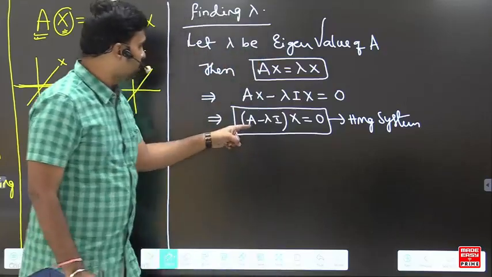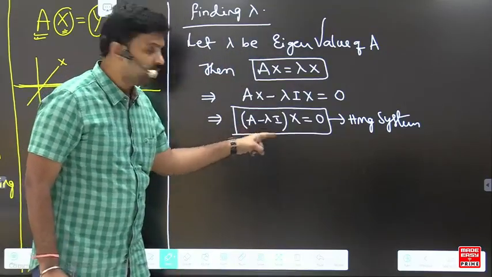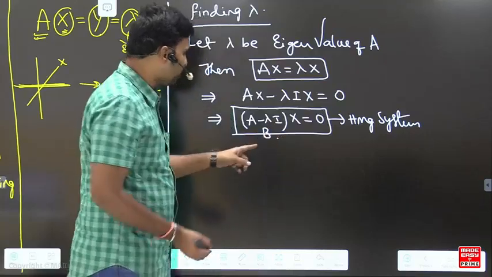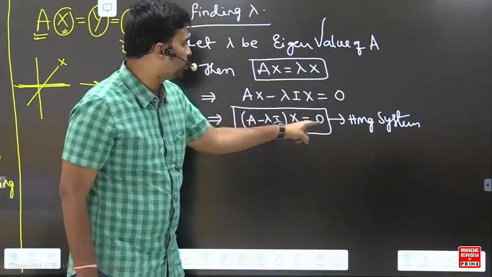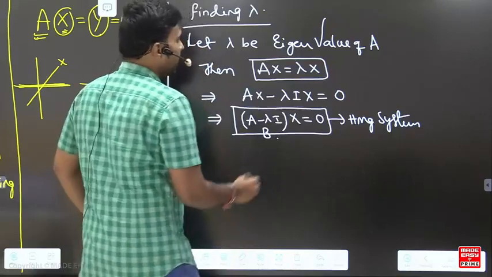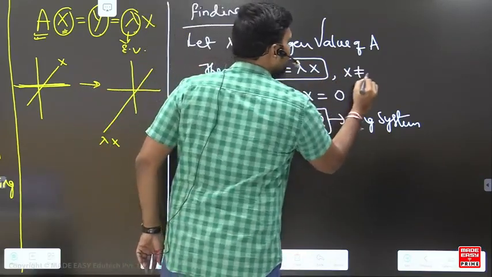Please understand this. This is for a given lambda. A minus lambda I is just a matrix B, suppose. Then Bx is equal to 0, which is a homogeneous system, right? But according to the definition, this X is not equal to 0.